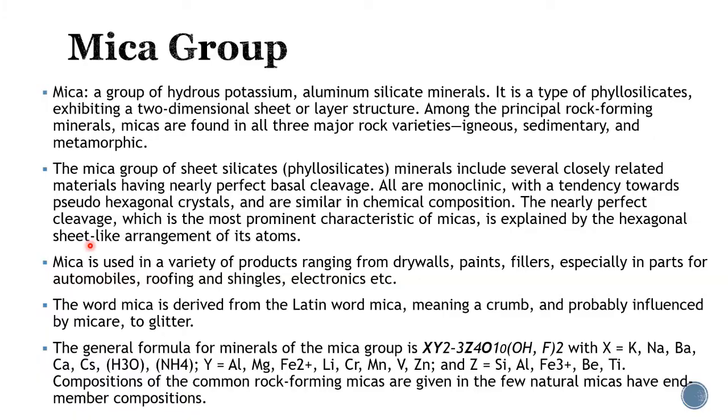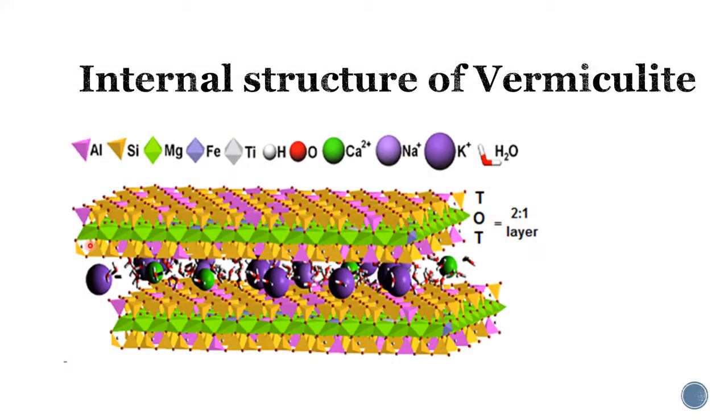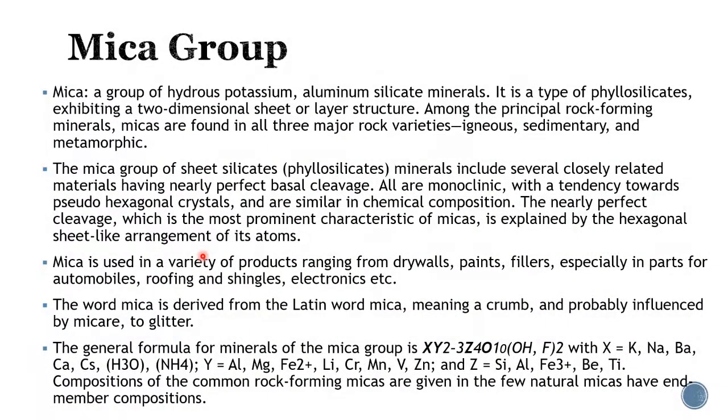As you can see here, this is a kind of sheet-like arrangement of atoms. Mica is used in a variety of products, ranging from drywalls, paints, fillers, especially in parts for automobiles, roofing shingles, electronics, etc. The word mica is derived from the Latin word mica, meaning a crumb, and probably influenced by micare, meaning to glitter. As you know, mica is a glittery substance. It has a shine in it.